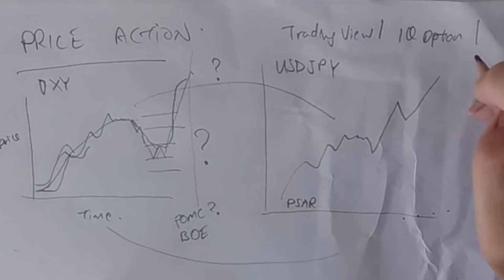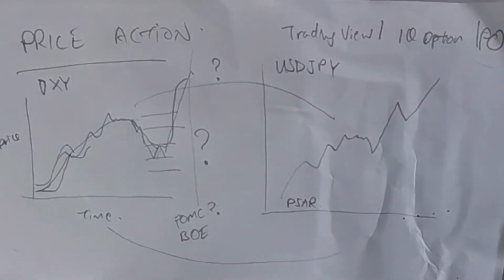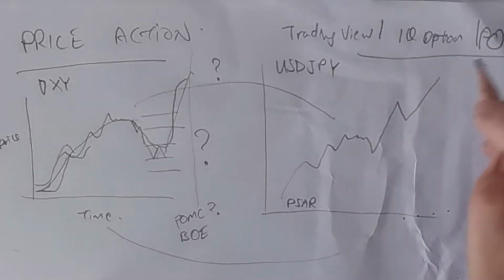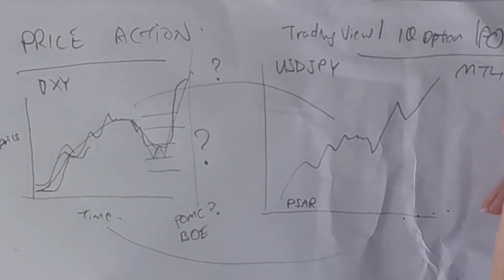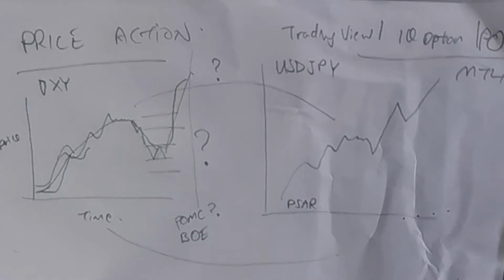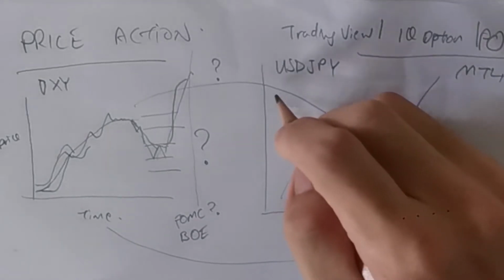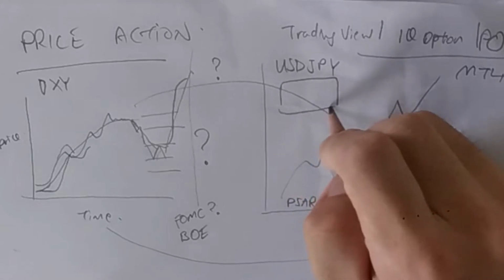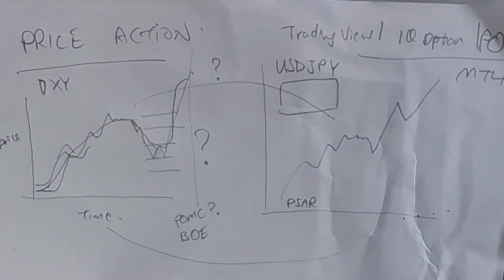This could be Pocket Option. This could be a different platform. This could even be MetaTrader 4. Depending on which platform you're on, maybe the indicator window could be over here. Just try and recreate as much of it in your mind as possible, and that would give you a better reinforcement.